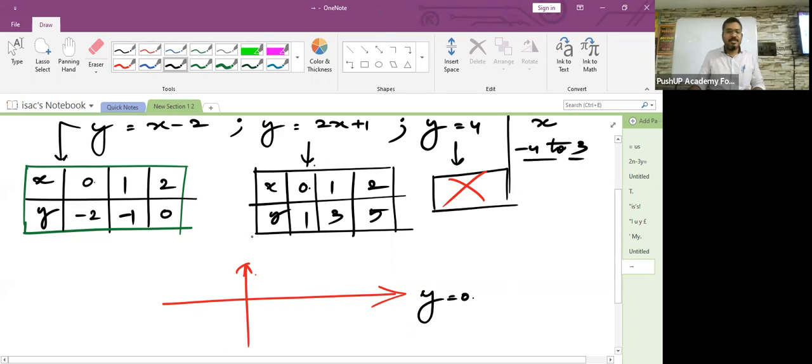Very good. And what is the equation of a y-axis? x is equal to 0. So if I tell you y is equal to 4, that means you have a line which passes through point 4 on the y-axis and parallel to the x-axis. Don't you agree with this?